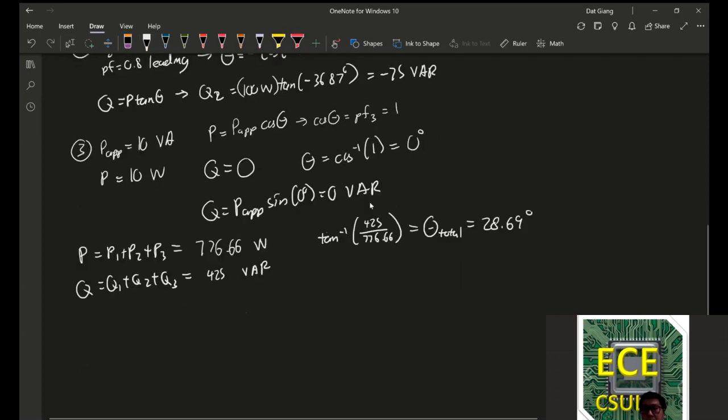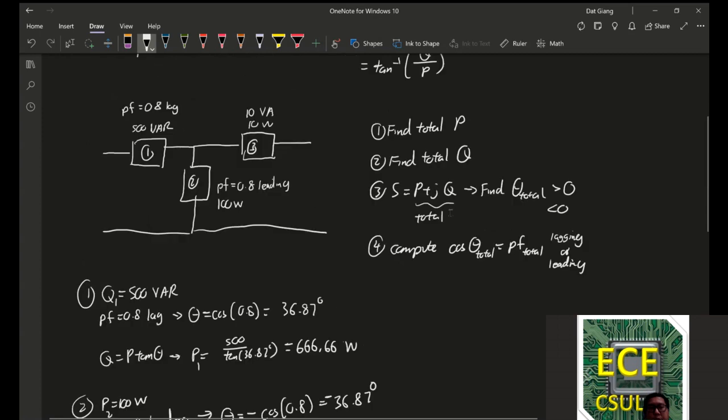Okay. From here, our total power factor is just cosine of 28.69 degrees, which is roughly 0.87 or 0.88. Very close to 1, and therefore this system is pretty good. There are some improvements we can definitely make on it. But this is how we find total power factor.